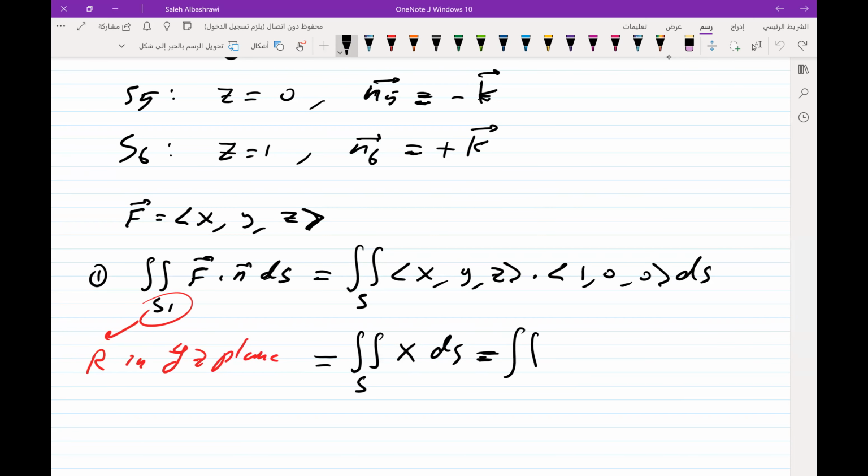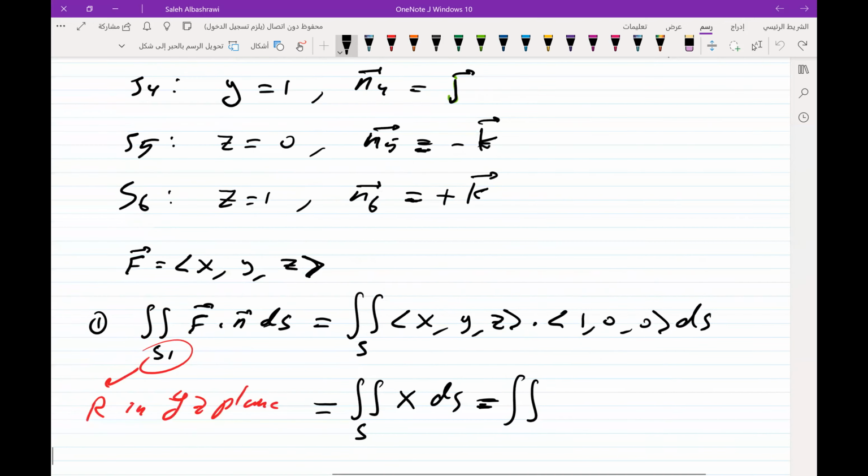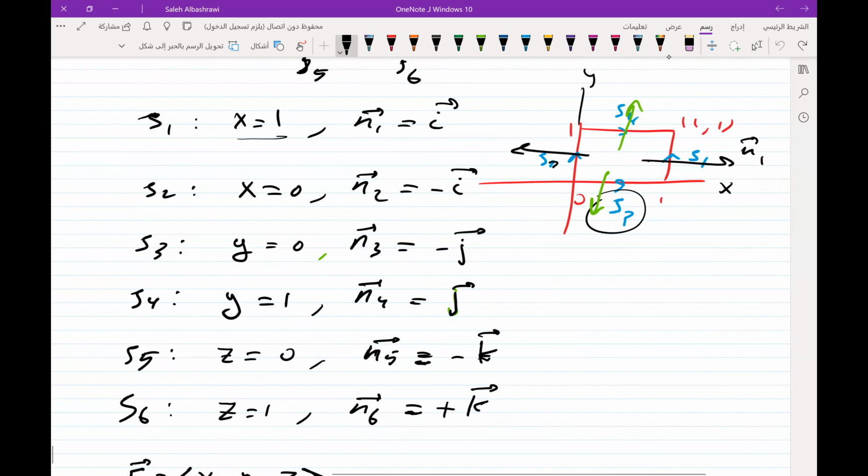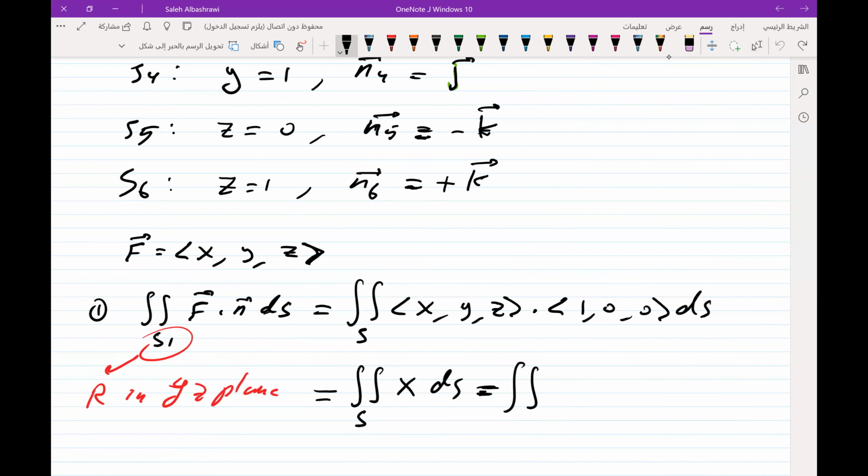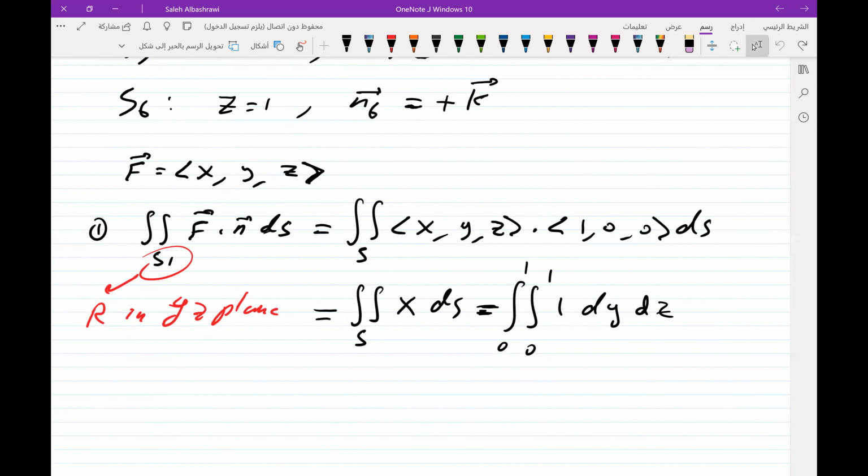The value of x on the first face is 1, and ds is written as dy dz, with limits between 0 and 1 for both, which is equal to 1.